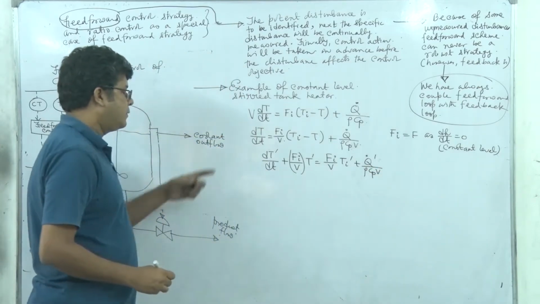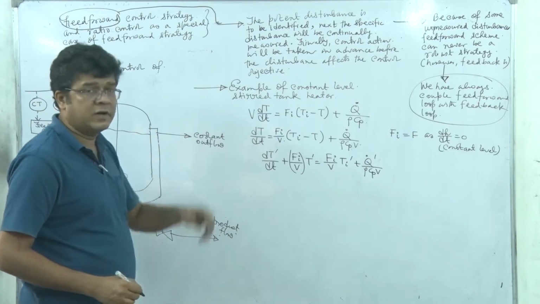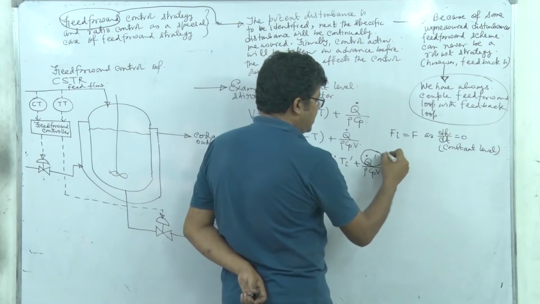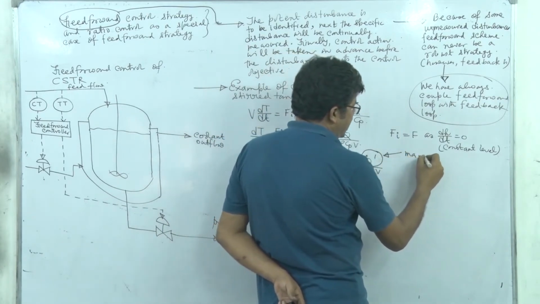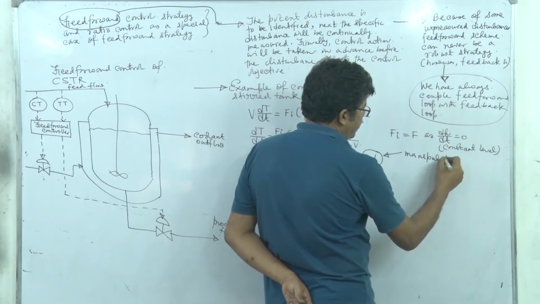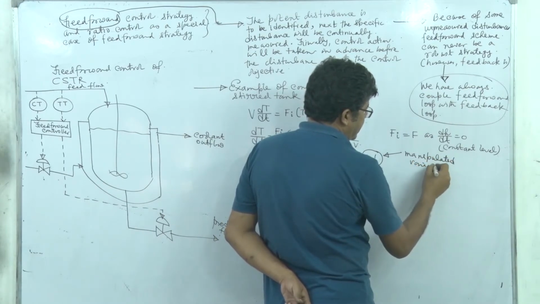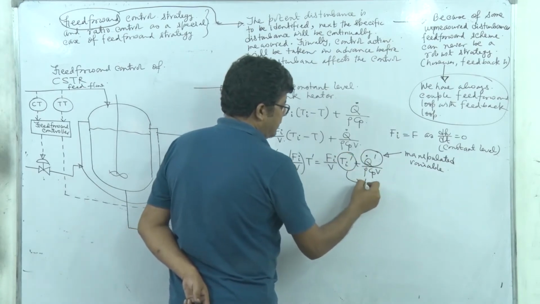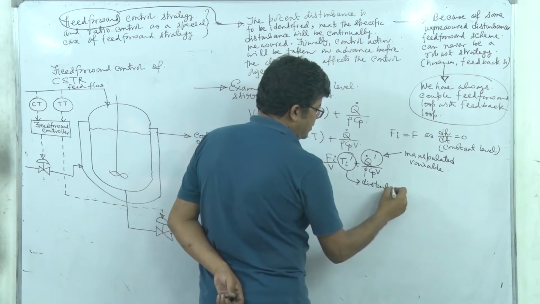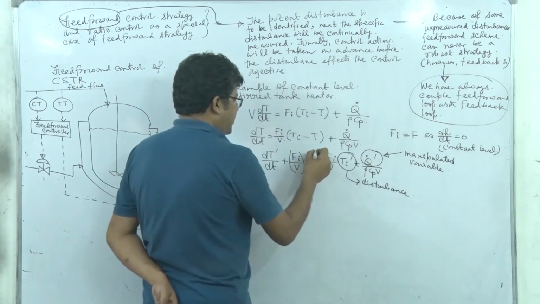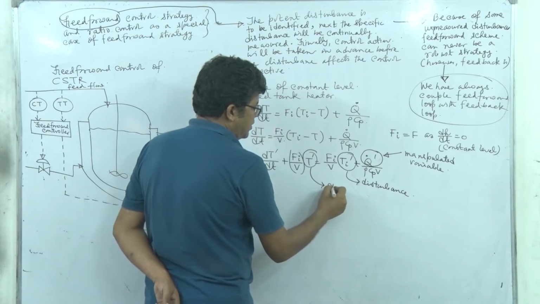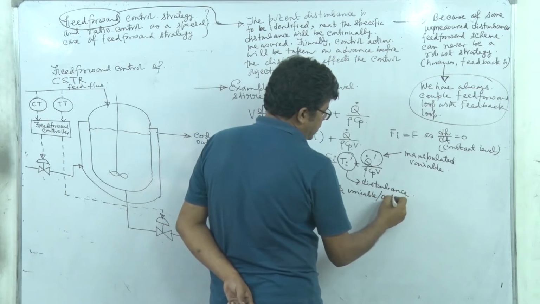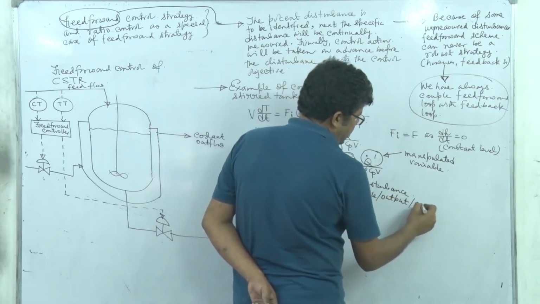Done. So that's my first order system. We have this Q dot prime, all are written in deviation variables, as the manipulated variable. Right. This Ti prime is the disturbance, and T prime is the state variable or output or control objective.